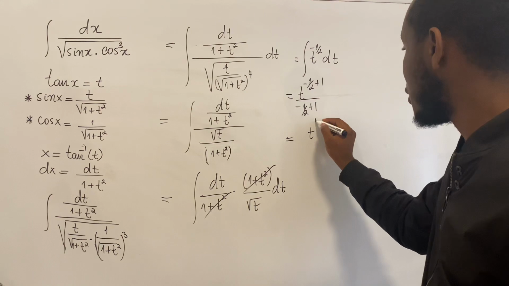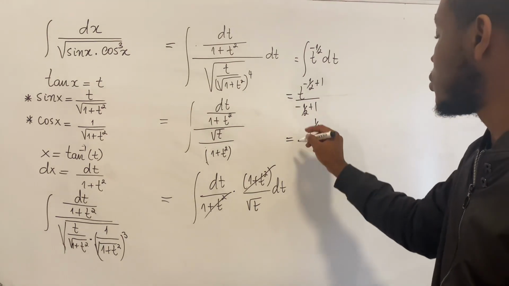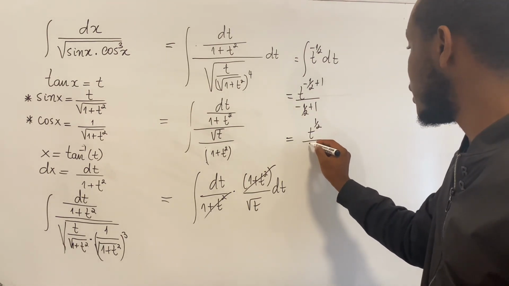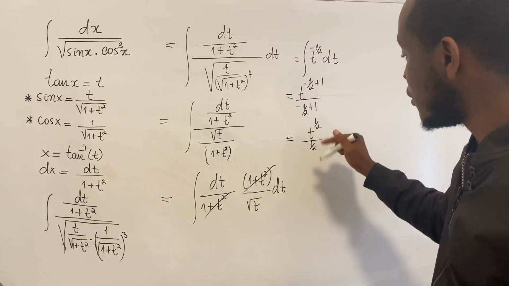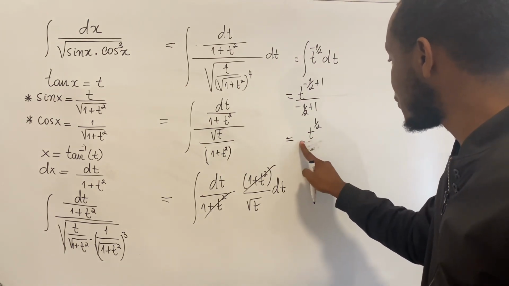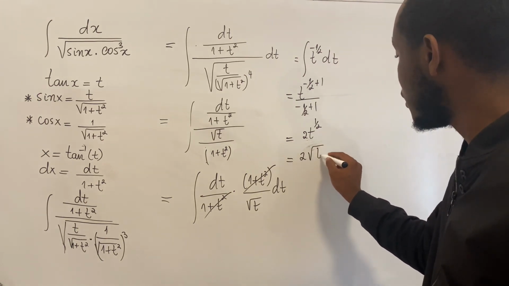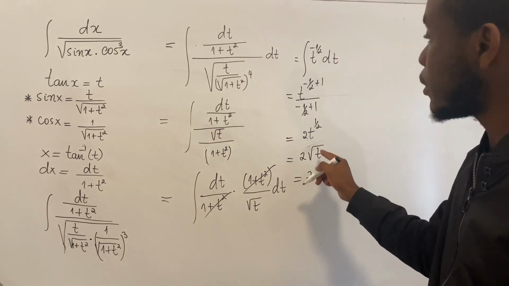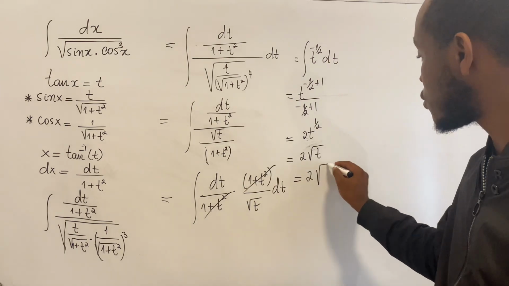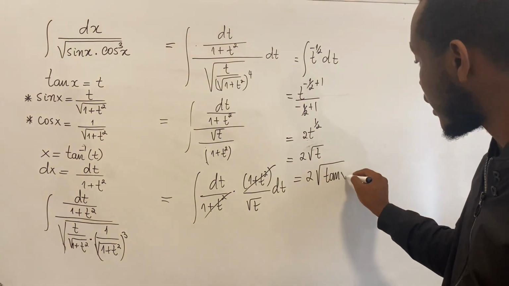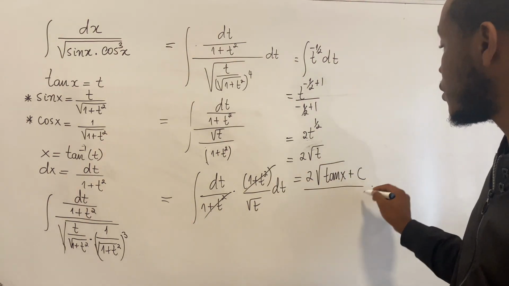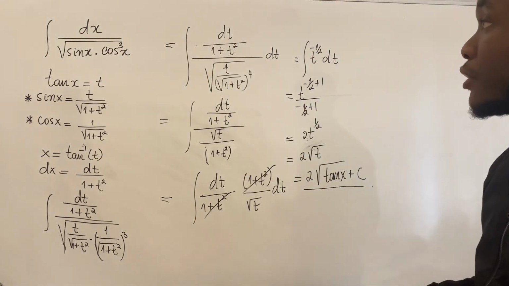So this will be 1 over 2 in the denominator as well, which inverting is the same as 2. So that means we have 2 square root of t, which is equal to 2. What is the value of t? It's tan x. So 2 square root of tan x plus c. So this is the answer for this integral. Okay.